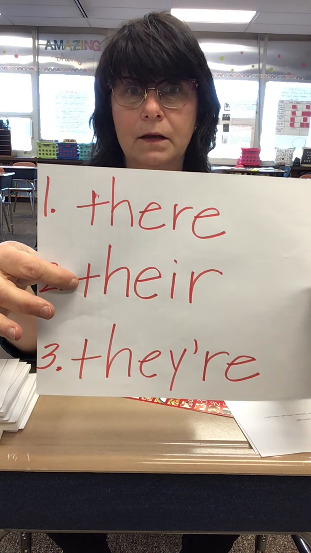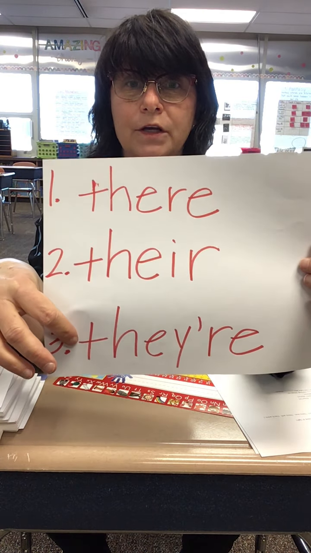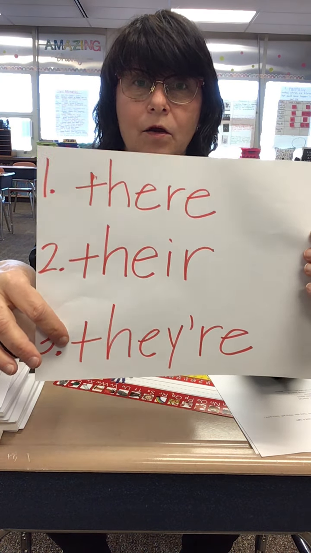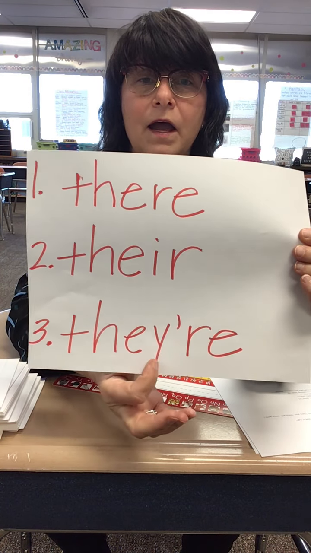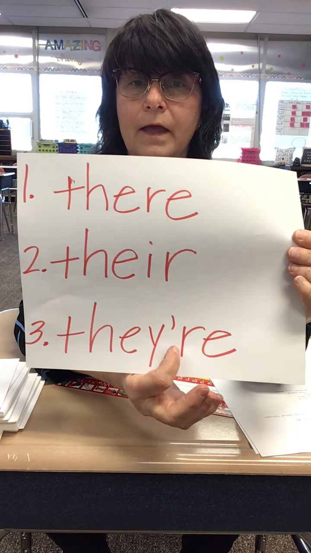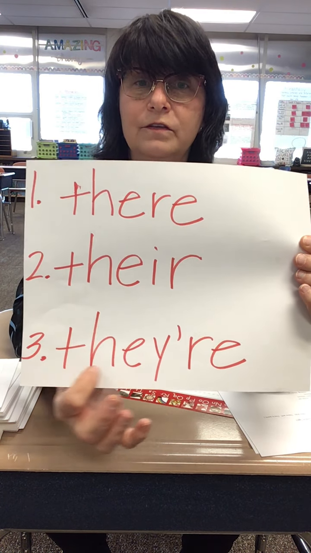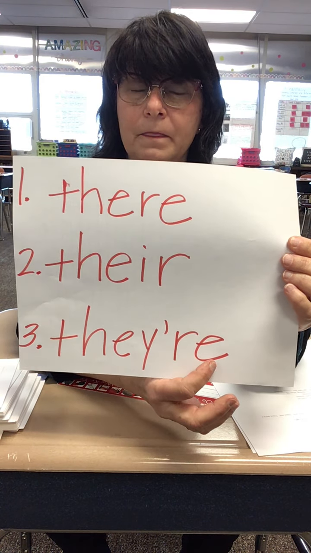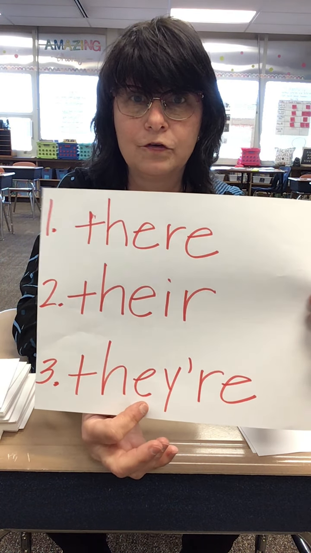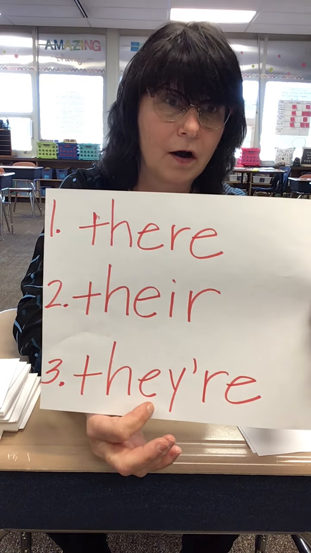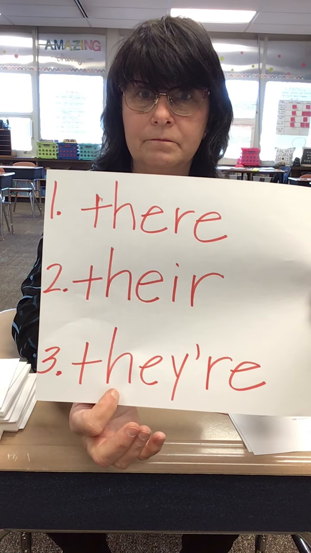They own something. This one is a contraction, which is what we've been doing in our spelling lesson last week. It stands for they are. The A and R is missing. That's why the apostrophe is there. So this says they're also. Now, if you have a sentence where you can substitute they are, then you know that it has to be this one.